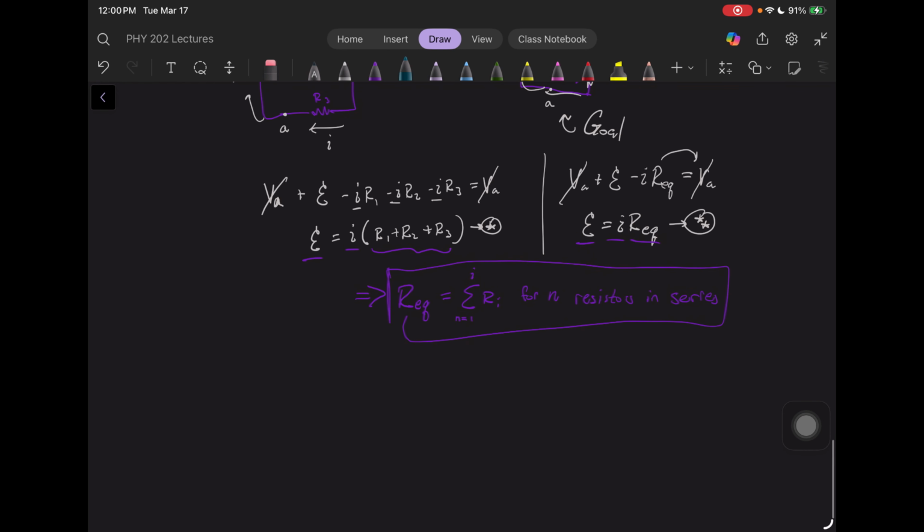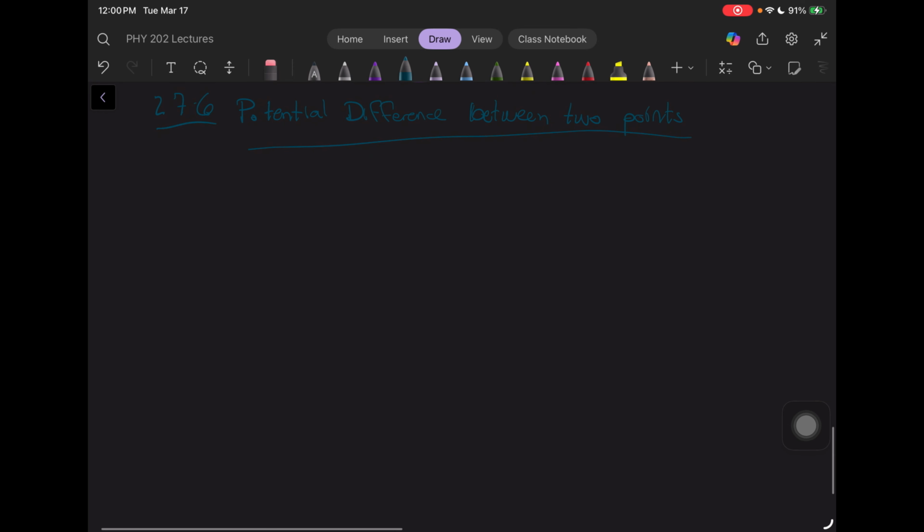Okay, so now if we wanted to find the potential difference between 2 points in a circuit, let's start drawing out the circuit.